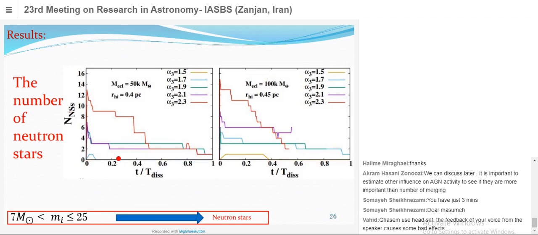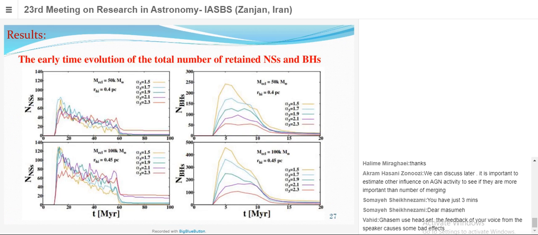Here you can see the number of neutron stars, and the number of neutron stars for canonical models is also higher than for the top-heavy models. For more detail, you can see the number of neutron stars and the number of black holes within 100 megayears and 120 megayears.